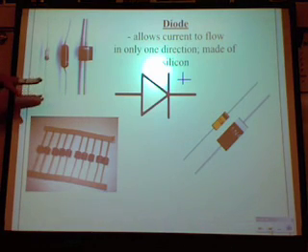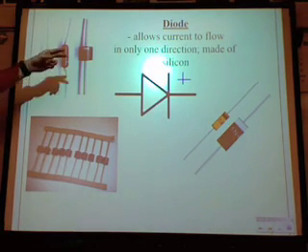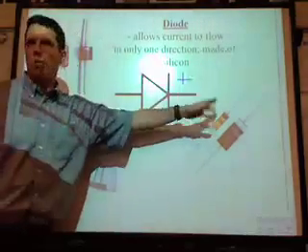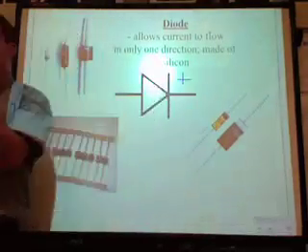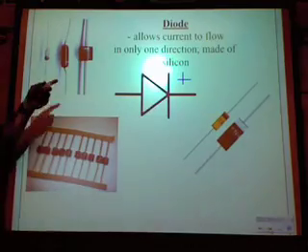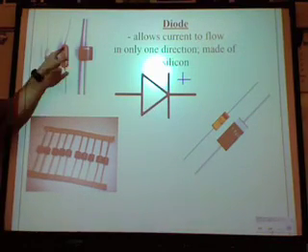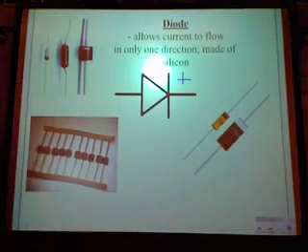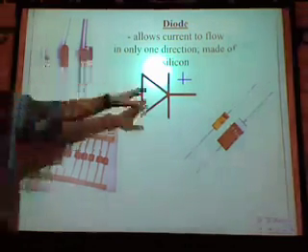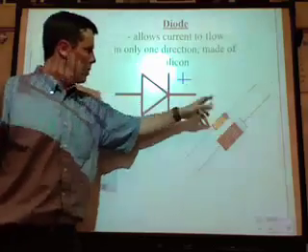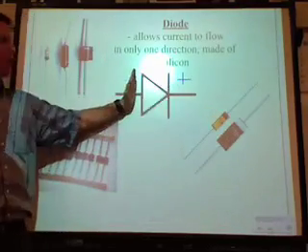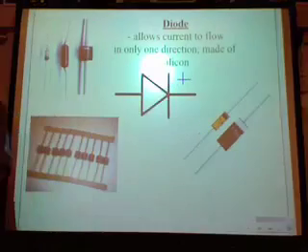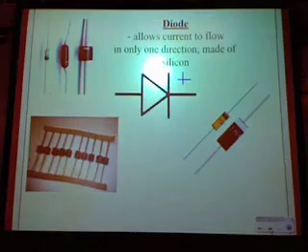And you'll notice that whether they're clear, that black silicon, reddish, whatever, they have numbers on them, almost always, and they have a band, a single band, not like the resistors that had a whole bunch of bands. They have a single band. That band tells you which way to put it in. If you put it in the other way, it's going to prevent it from flowing the way it's supposed to go, and it's going to keep it from working.